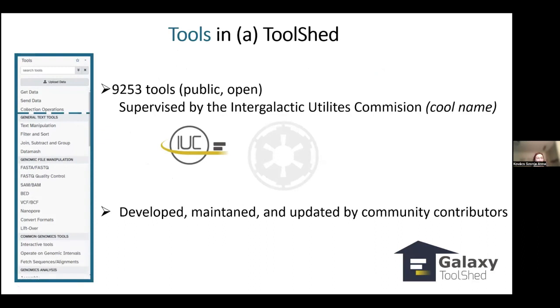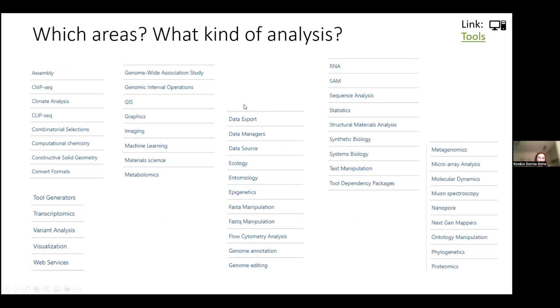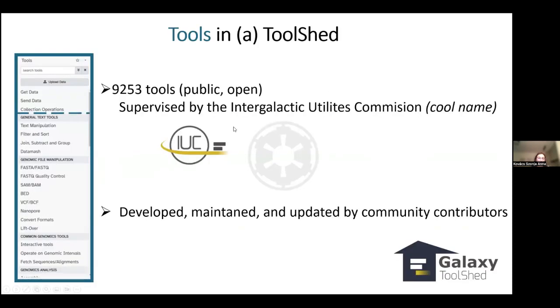And they are being developed, maintained, and updated by the community contributors every day. But I checked it yesterday, and there are a lot of outdated and not so useful tools. So I think the number you actually use is much smaller.